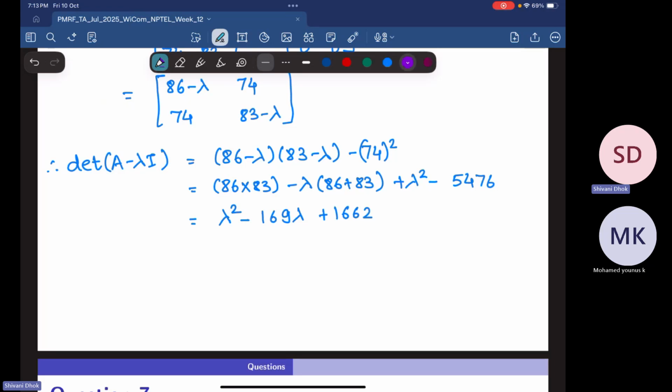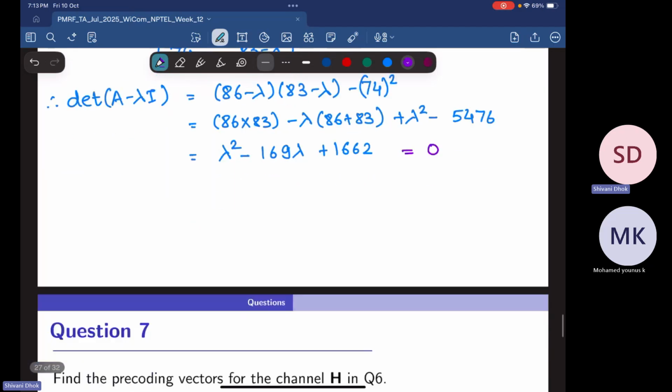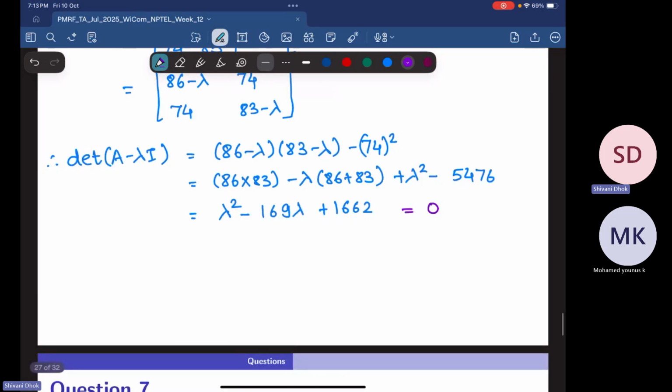And what we want is this to be equal to 0, so now we need to find the solution of this quadratic equation. So we'll use the standard formula. Lambda equals minus b plus minus under root of b square, that is 169 square, minus 4ac, that is 4 into 1662 into a is 1, divided by 2a.